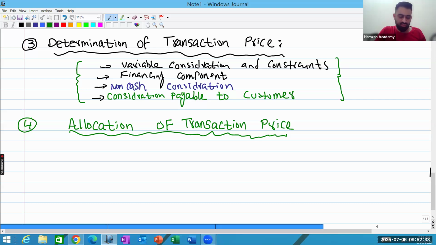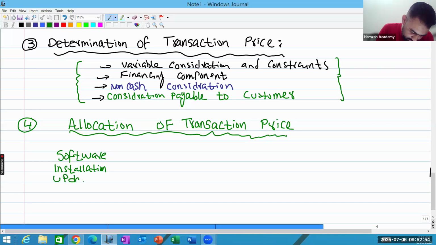Now, for example, we have, let's say, 4 performance obligations like software, installation, updates, and technical support. 1, 2, 3, and 4.